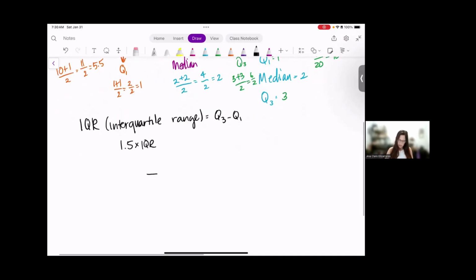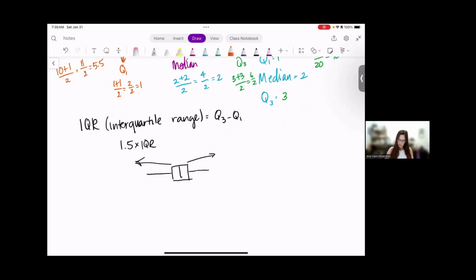If we look at a box plot, what you're doing is you're creating fences based on how wide your middle 50% are. And your fences are located outside of that 50%. So you're going further to the right and further to the left of your box plot to create these fences.